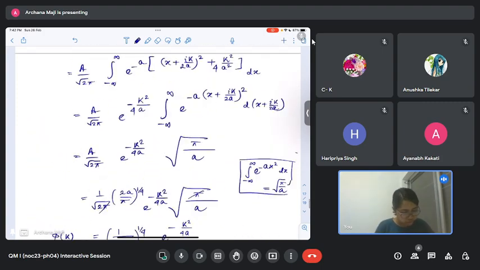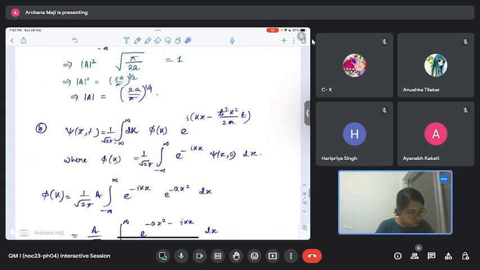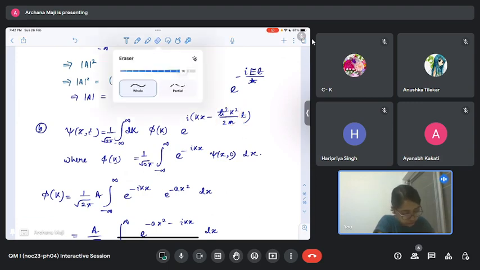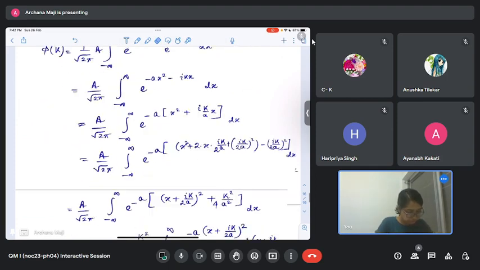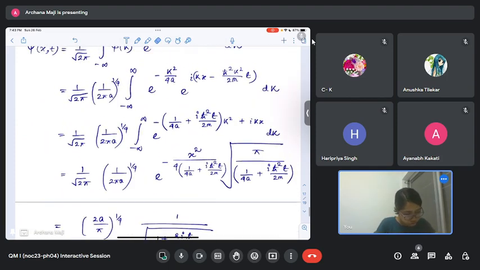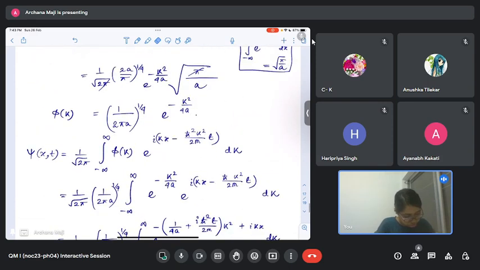Sorry, there was one mistake here. When I say energy is h cross square k square over twice m, it's fine, but what is the factor that we get for the time dependence? It's exponential minus Et over h cross. So energy is this factor, but there is a 1 by h cross factor. So that will make it h cross only, not h cross square. So this is not h cross square but h cross.